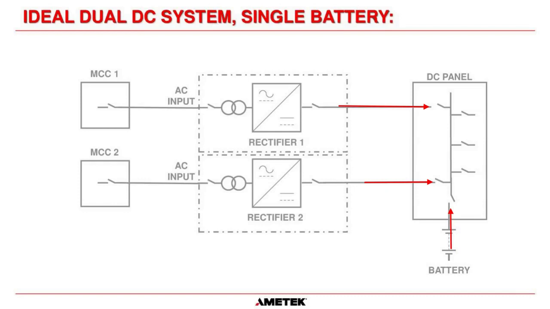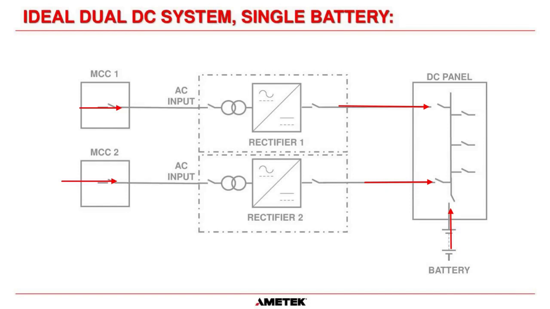Another important thing to remember when you're designing systems that have parallel redundant chargers: if at all possible, this has MCC1. So my advice to anybody is for MCC1, feed that from your emergency board, one of your MCCs that's backed up by an emergency generator. And then, if at all possible, feed the second charger from a different board.